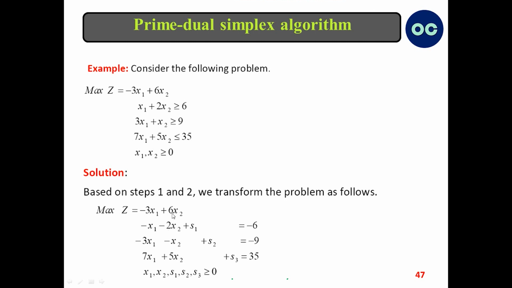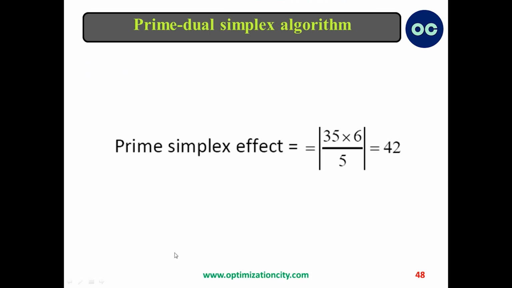This is -6. You know that you should move this part of the equation to the other side of the equal sign, so it's very simple. So really it's -6, and the other is 5, so it should be positive, and we add the 5 to this part of the equation. So we have 42 as the primal simplex effect.